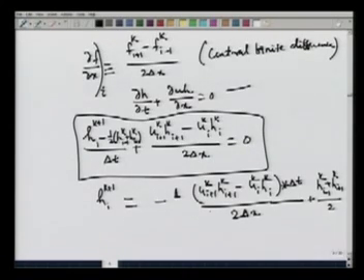So, on the right hand side we have all the values with superscript k, that means I know these values.